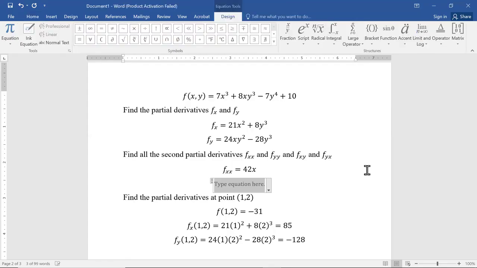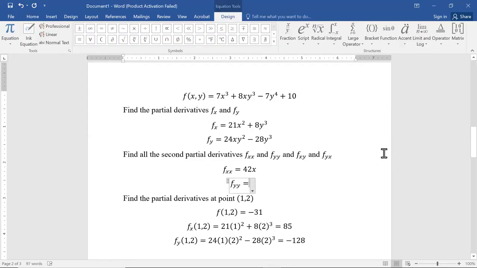Let's do f sub yy. Well, that means I would take this function and I would take the derivative of that with respect to y. Again, 24x is a constant, but it's in the place of a coefficient. So I'm going to treat it like a coefficient. 2 multiplies, and I get 48x times y to the first for the first term.